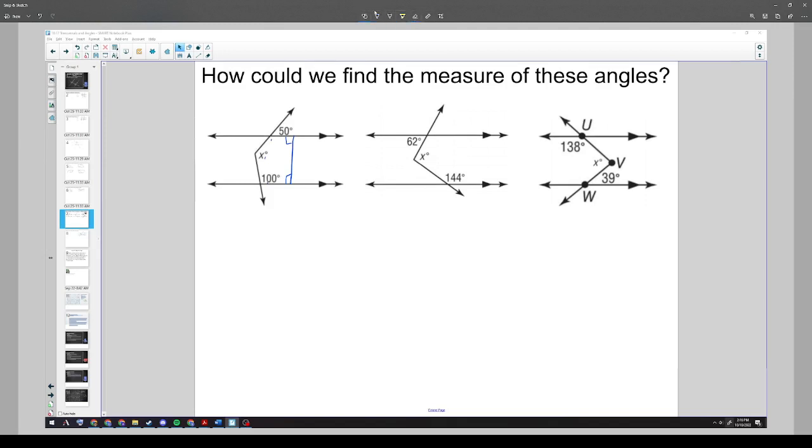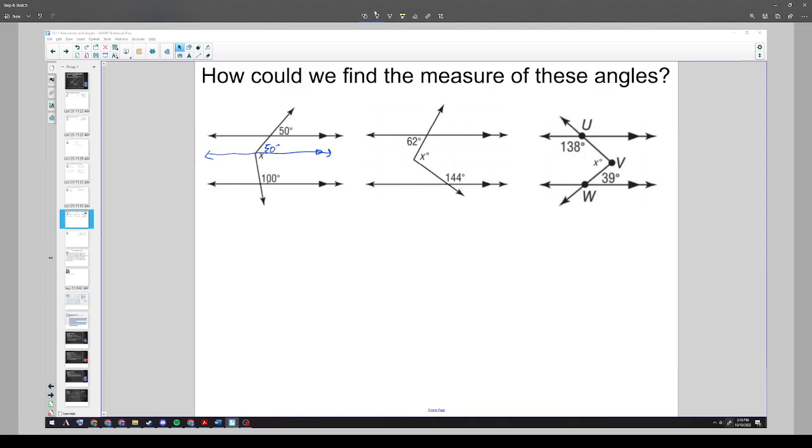But I think the intended solution here is, and all of those work, right? There's not just one right solution, is to draw another parallel line across the middle. So this line is also parallel to these two, meaning that here I have a corresponding angle to 50.